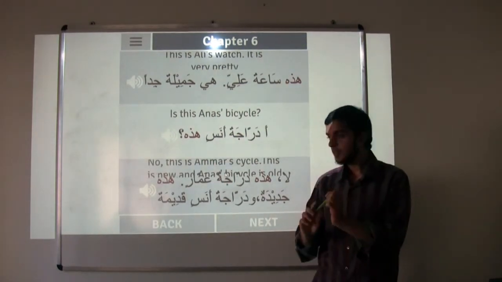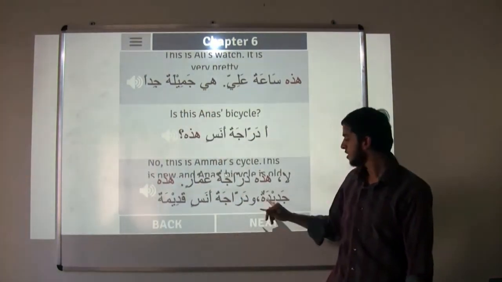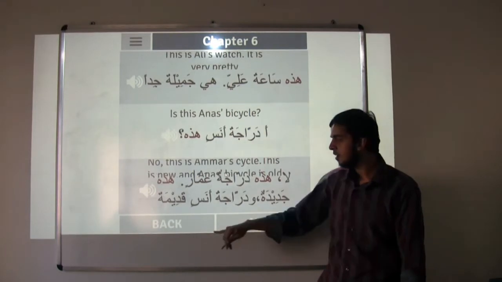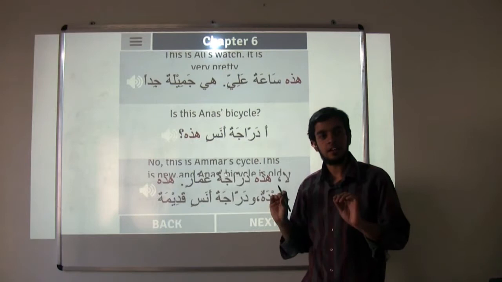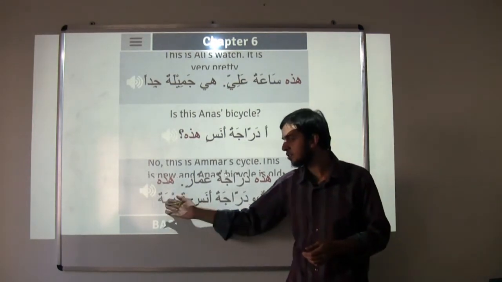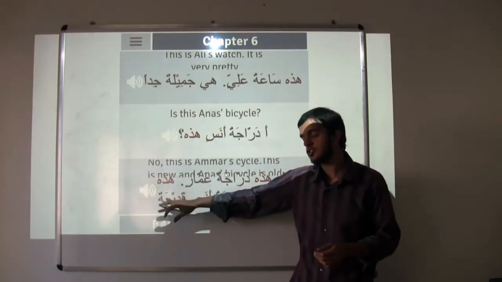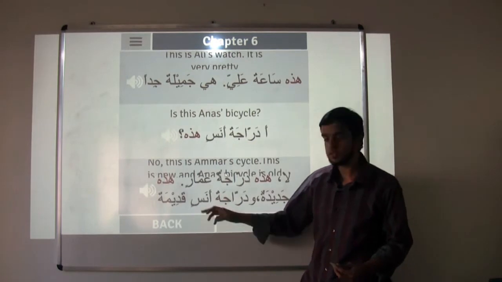So as you saw, jamilun becomes jamilatun. Jadidun becomes jadidatun, qadimun becomes qadimatun, and so on and so forth. For every describing word, you can even use it as an adjective, but here it's not an adjective, it's a khabar. We are saying darrajatu is old.